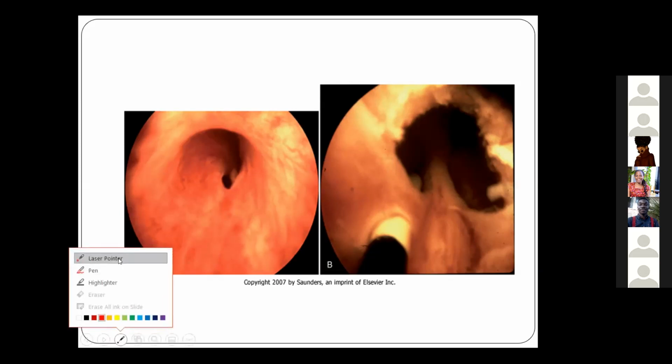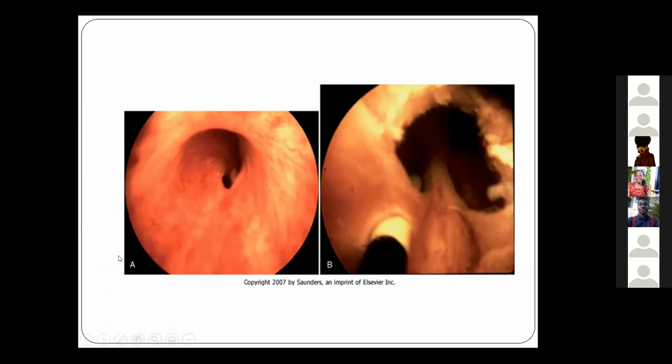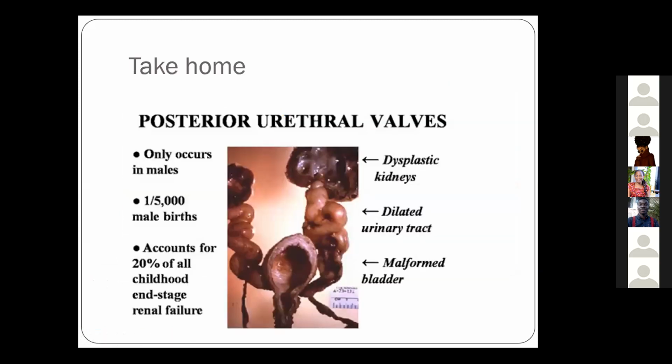You can either do ablation or you can do incision. So the take-home message is that these posterior urethral valves happen only in males, and they are not very common, but you should look out for them.